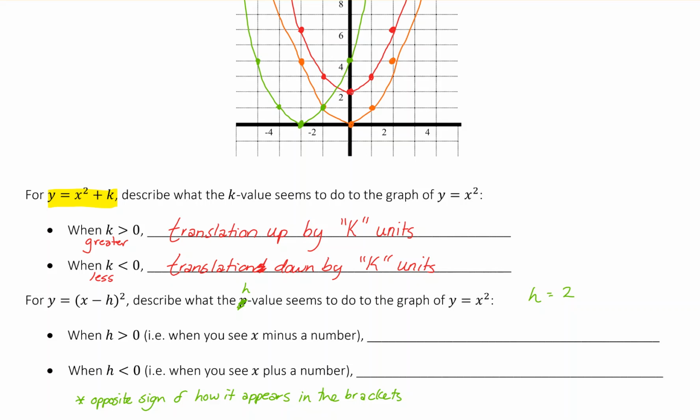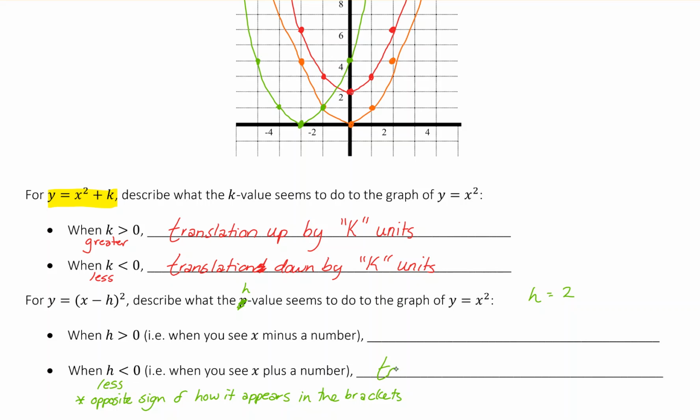Okay? It's a little confusing, but just remember our h value, we always interpret it as opposite of what we see. That's why I put these little hints in brackets when you see x minus a number or when you see x plus a number. So in this example, we saw x plus a number, and as I said, h would be less than 0, because if it was +2, the opposite is -2. And what happened there?